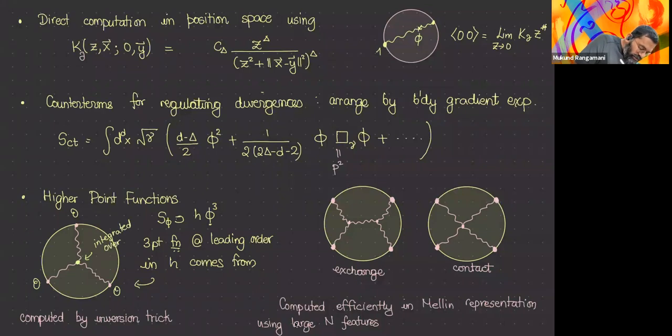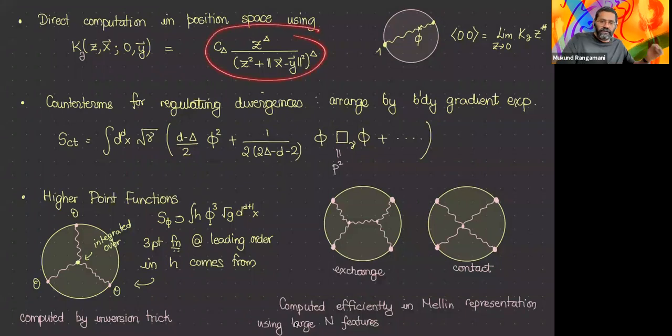Because in the action, this h cube term comes inside the integral. So what you're left with is taking 3 gadgets of this kind, let's say we're computing in position space, and convolving them with 3 different boundary points, y1, y2, and y3.